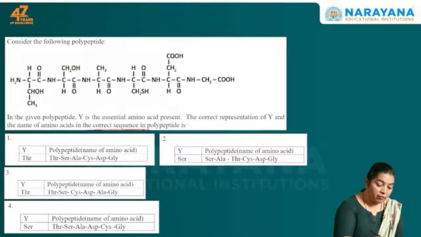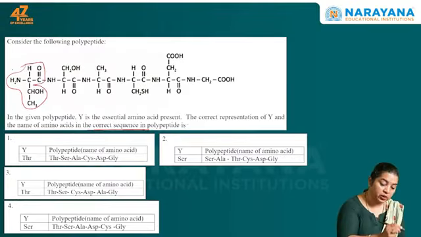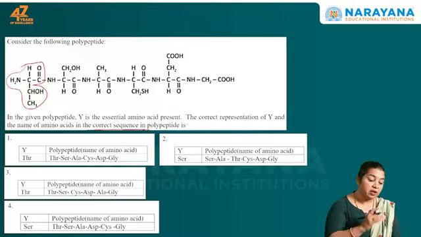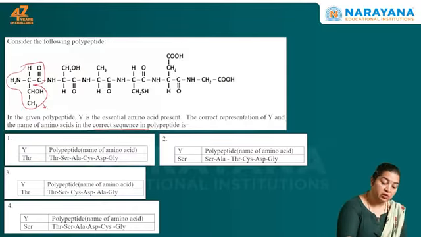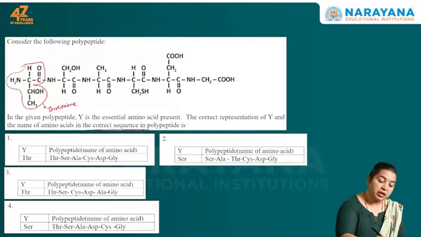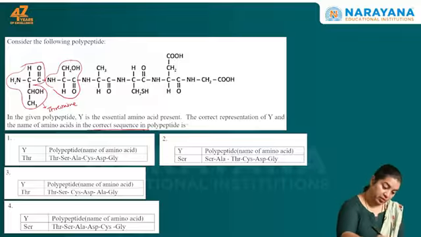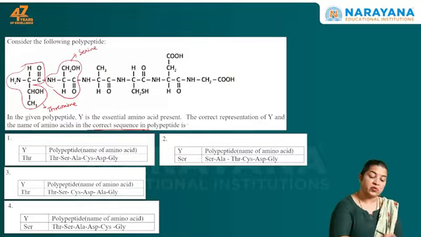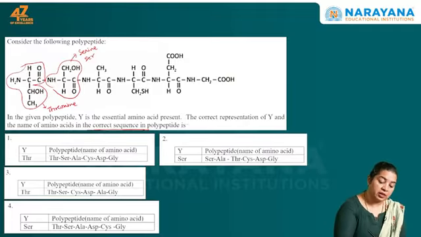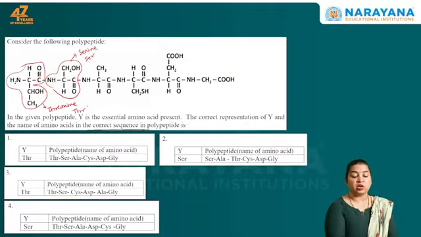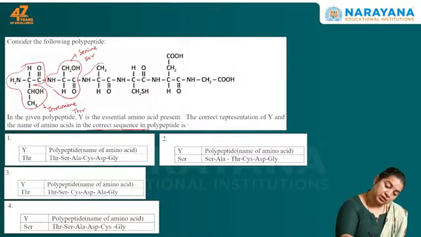Let us check. First amino acid, NH2 CH CHOH COOH. This part is our first amino acid. This is threonine. Second amino acid, NH CHOH CO, this part. This is serine, abbreviated as SER. Threonine is symbolized as THR. Next amino acid is NH CH CH3 COOH.